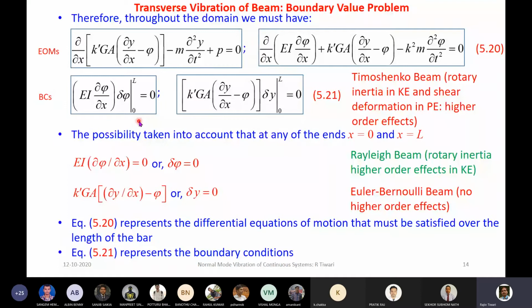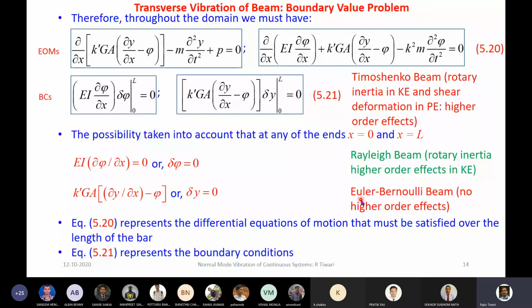In the boundary conditions, at present we're not solving this. Let us analyze these equations. Basically, this Timoshenko beam we will not solve. We'll simplify this by ignoring the shear effect, which is called Rayleigh's beam. Even Rayleigh's beam we will not solve here.